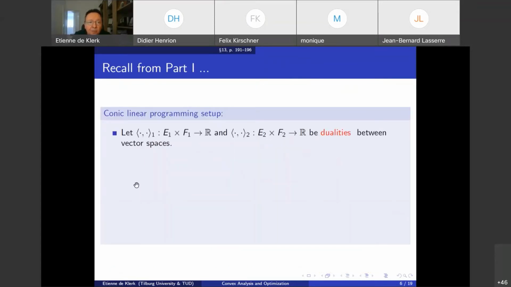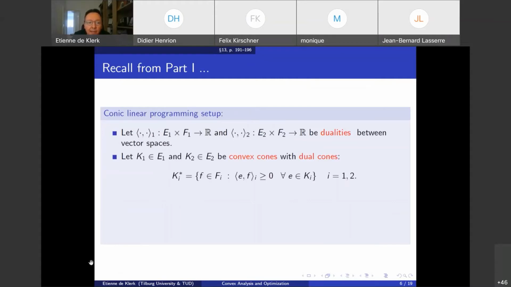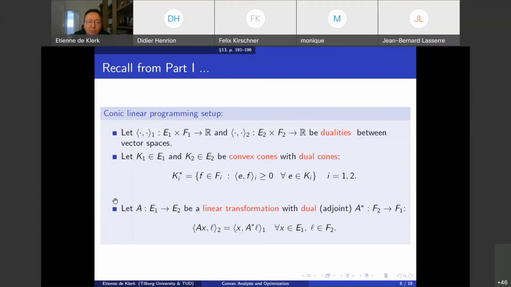And so now we just recall the setup from the first part of this tutorial. We had these dualities for these spaces 1 and 2, and we had these cones, if you remember, defined by the respective dualities, and they also had dual cones.